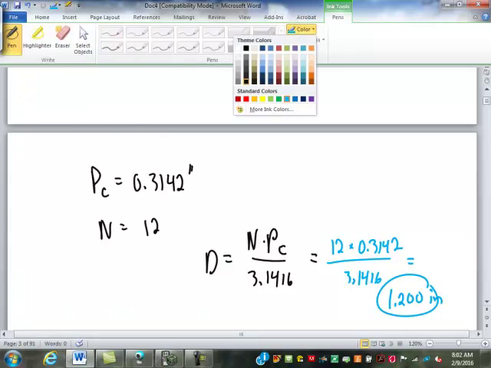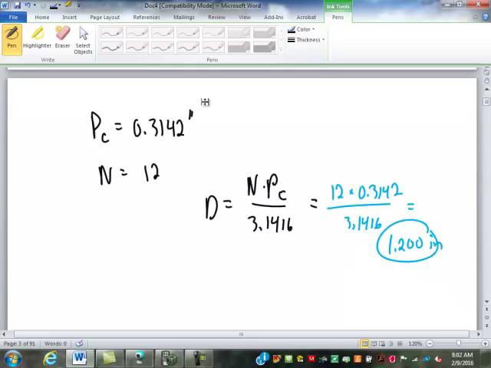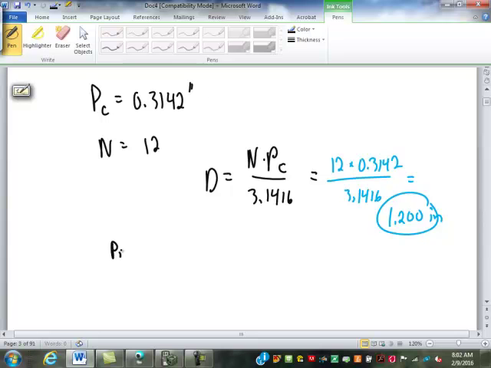Make sense? So that's really the key to this, is you look at what it is you have, what you're looking for. And usually the first thing I look up is what I'm looking for. Like for number 14 there, we're given the pitch. We're given a pitch of 3.4, and we're asked to find the whole depth.